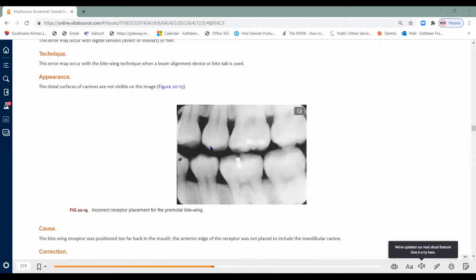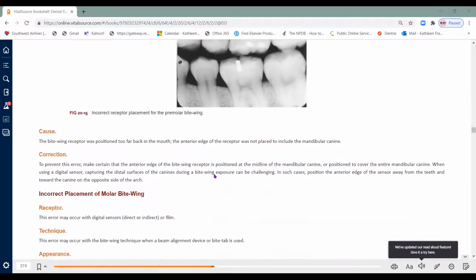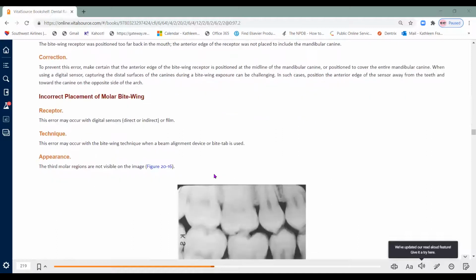This is the incorrect placement of a premolar film because on premolars, we're supposed to get the mesial of this first premolar down here, and you can see that they don't. So you want to make sure that you get what you need to get on the x-ray.